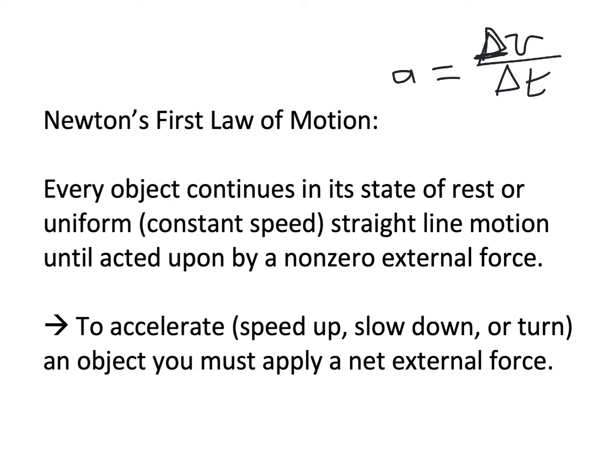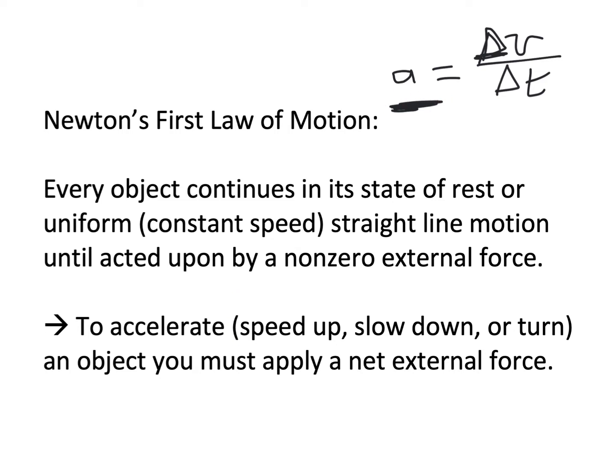So if we want to change the velocity, in other words, if we want to accelerate something, we can either change its amount, that is, speed it up or slow it down, that's changing how fast it's going, or make it turn. In other words, change which direction it's going. If you do either of those things, you're accelerating.